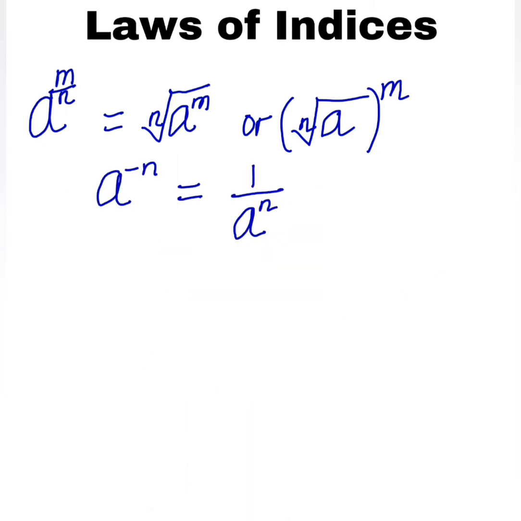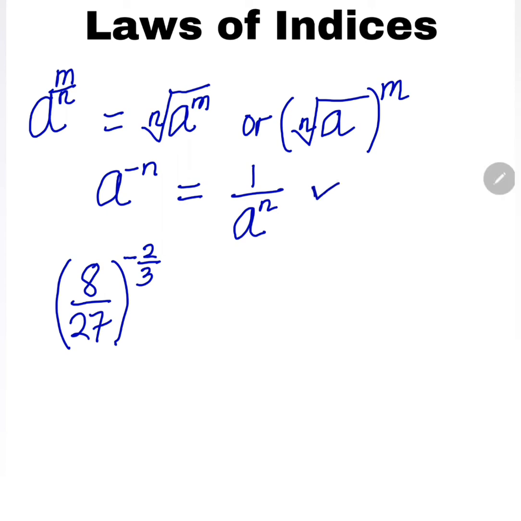Let's take a third example on law 6. Simplify 8 divided by 27, everything raised to the power negative 2 divided by 3. How do you go about this? Now, this example involves applying 2 laws. Number 1, the index is negative, so you have to apply this law.